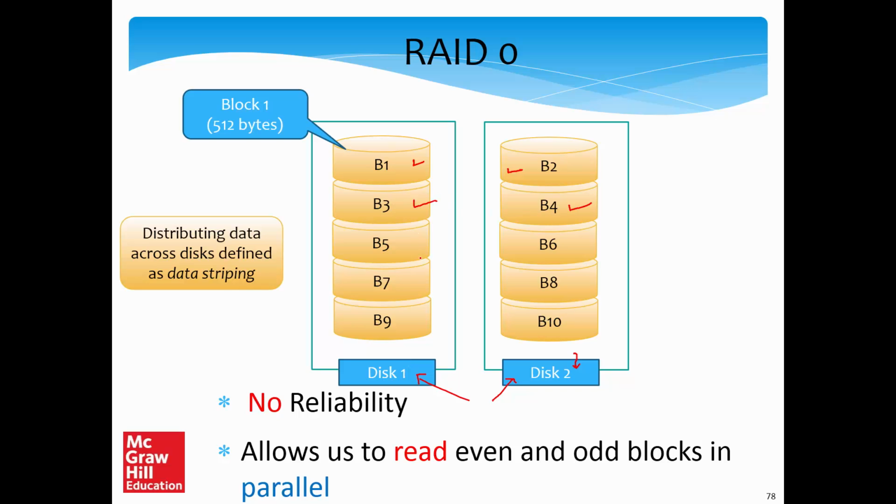Since there are two disks, we have one CPU which can send the data to the I/O ports, or even better, we might have DMA which will read the data from the hard disks and directly write it to memory, from where it can go to the I/O ports. We can read B3 and B4 in parallel. So in a sense, this will double our bandwidth.